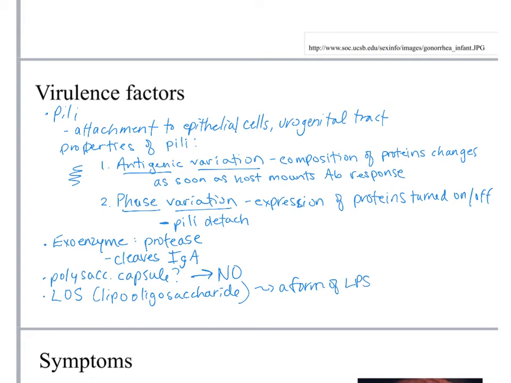It has a little shorter sugar unit on it, but this is essentially a form of endotoxin. So what does endotoxin do? Remember, it causes inflammation in our bodies. No exotoxins for this particular organism.